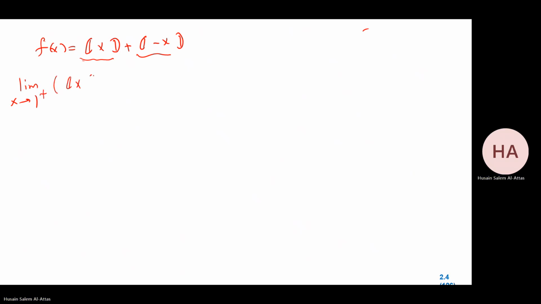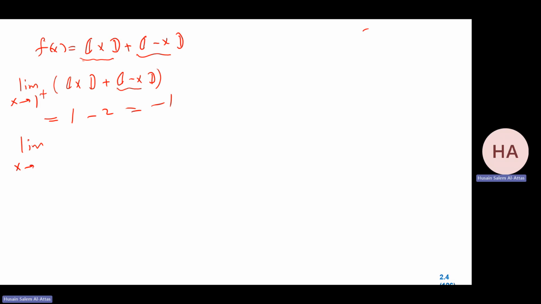Now the last one, which is as x goes to 1. You cannot do it directly. This does not exist. So you need to do it from the right and left. And I think we did it many times. So from the right that will be what? 0, and this is minus 1, so it's minus 1.